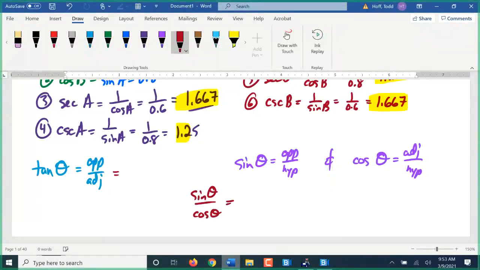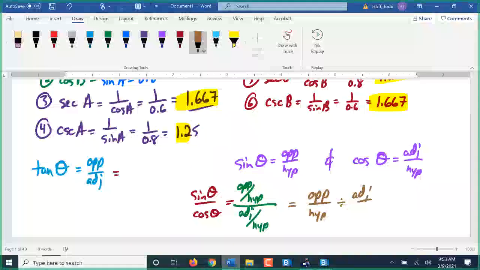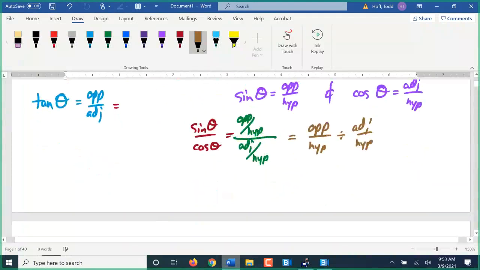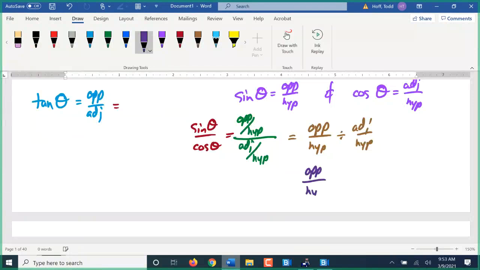Well, the sine is opposite divided by hypotenuse. Cosine is the adjacent divided by the hypotenuse. Well, if I do that as proper division here, I have opposite over hypotenuse divided by adjacent over hypotenuse, dividing my fractions. To divide fractions, keep the first fraction the same, and I do the reciprocal of the second fraction.